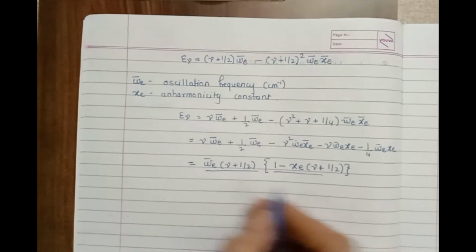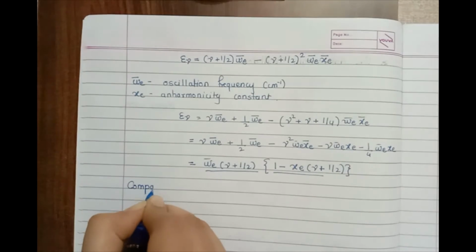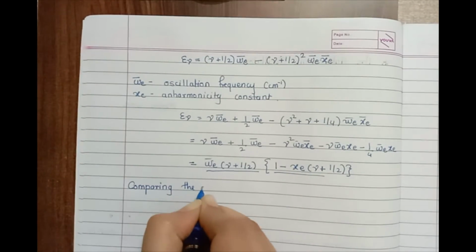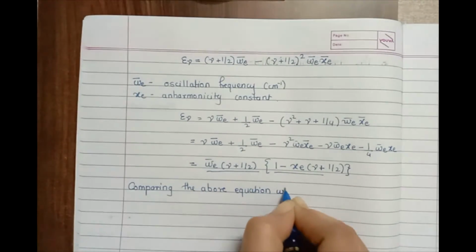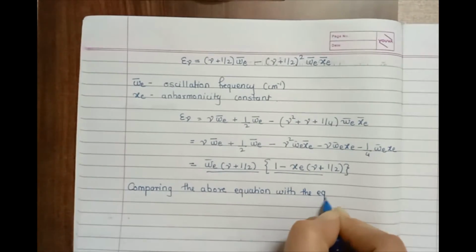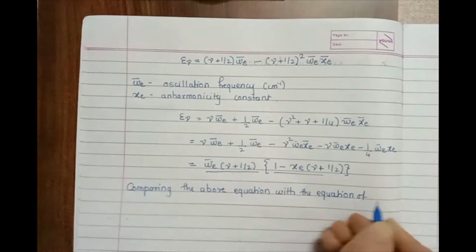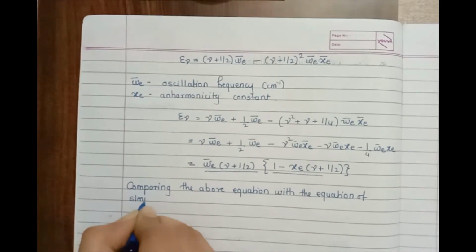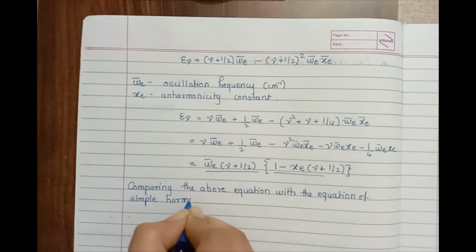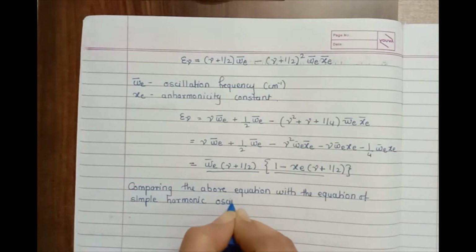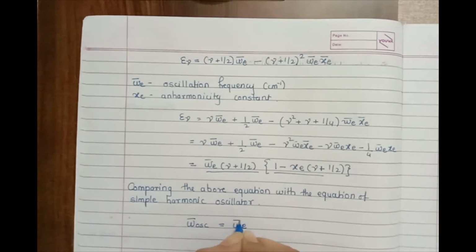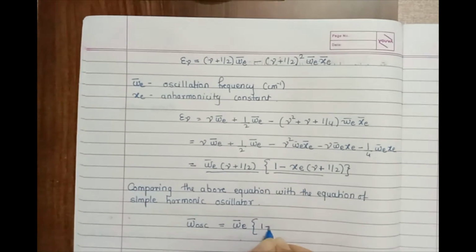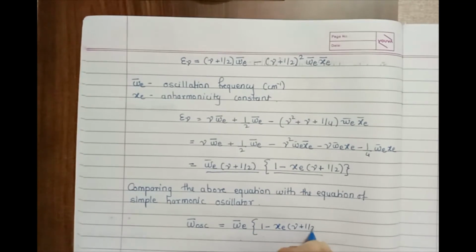So now comparing the above equation with the equation of simple harmonic oscillator, what we get is omega oscillation is equal to omega e bar into 1 minus xe into nu plus 1 by 2.